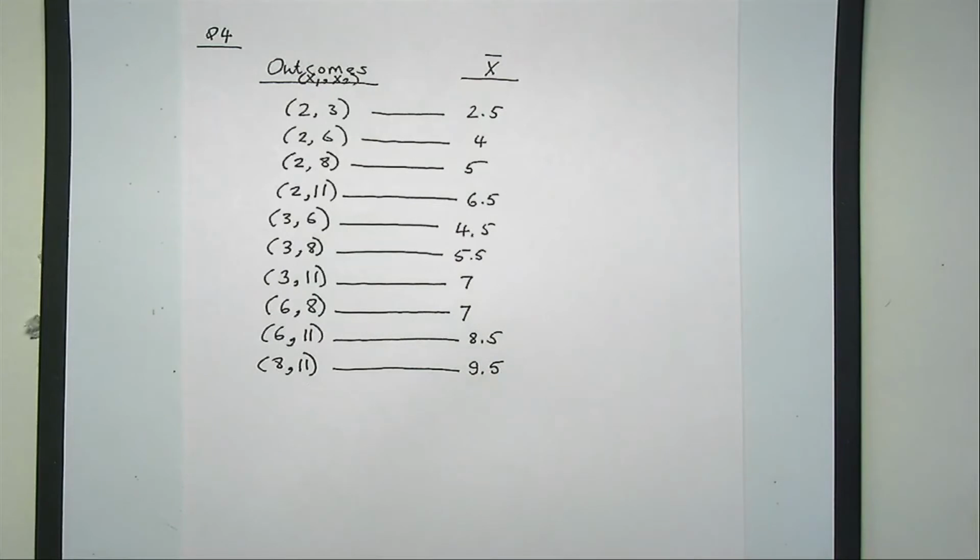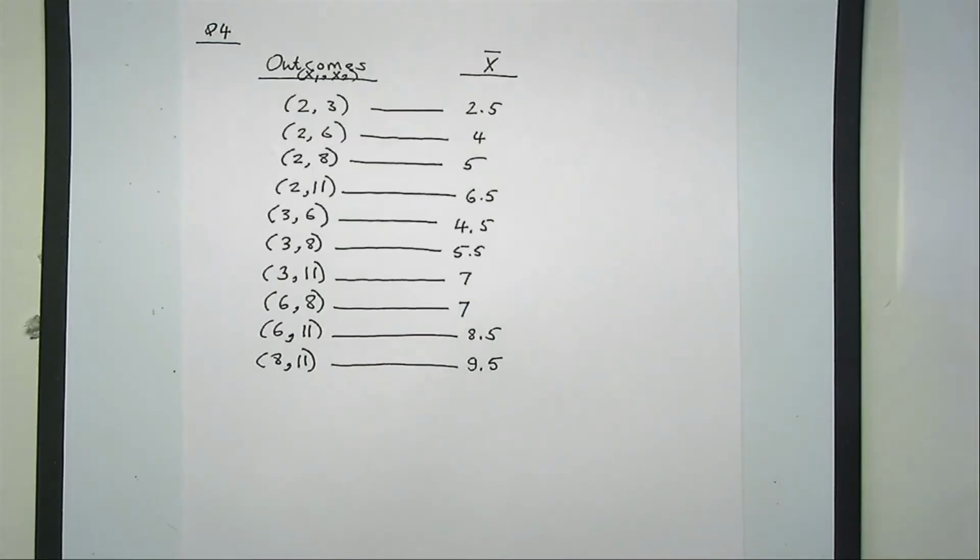So these are the possible outcomes and the corresponding values for X bar.